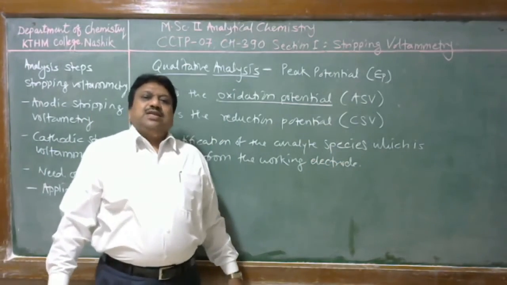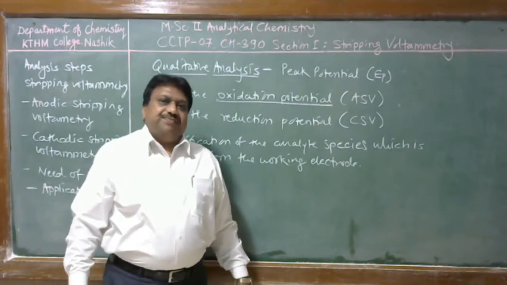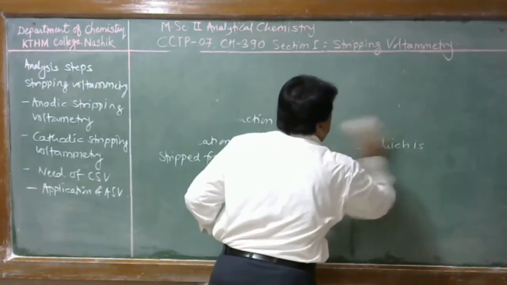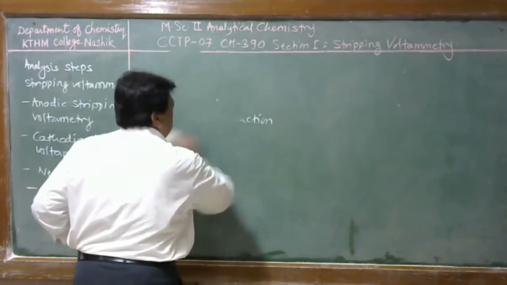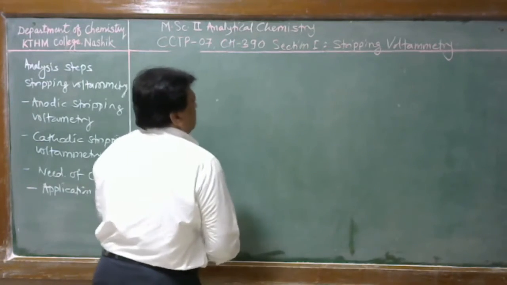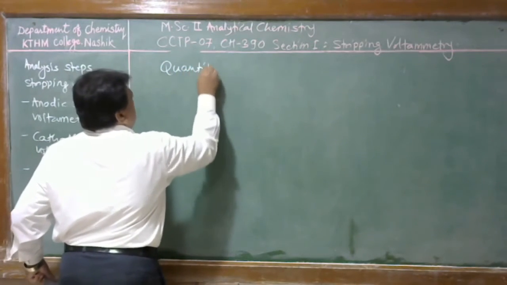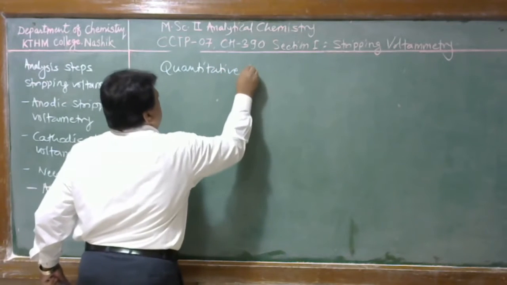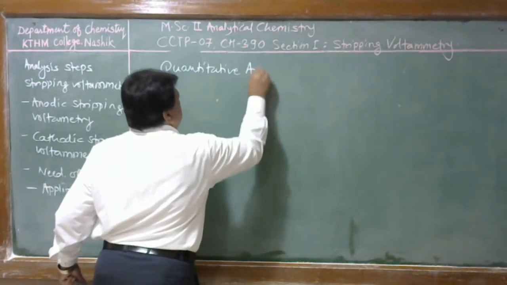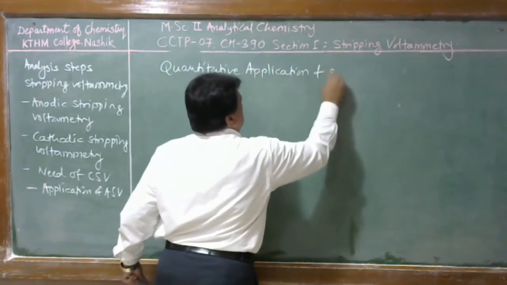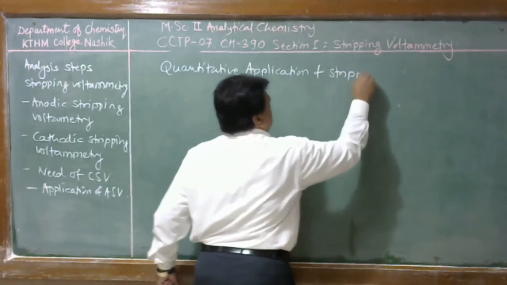Students, now we discuss the quantitative applications of stripping voltammetry. Stripping voltammetry is useful for determination of trace concentrations of metallic ion species.